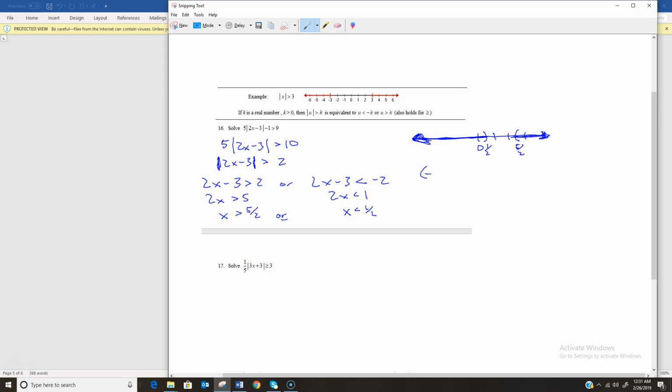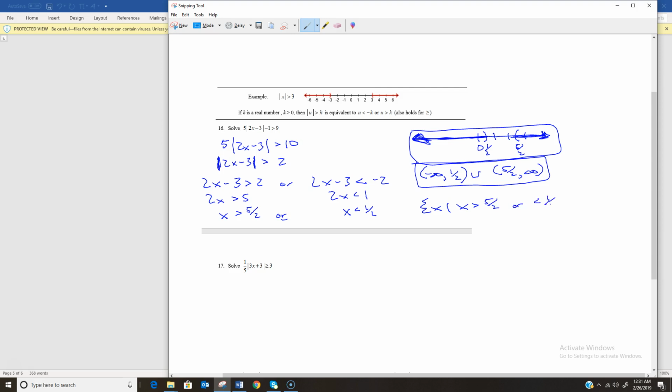When I graph that, I have from negative infinity up to 1 half, not included, union 5 halves up to infinity. This one actually doesn't say we have to do all the things, but this is the set of x's where x is greater than 5 halves or less than 1 half. Connect Math may make you write that x in there again.